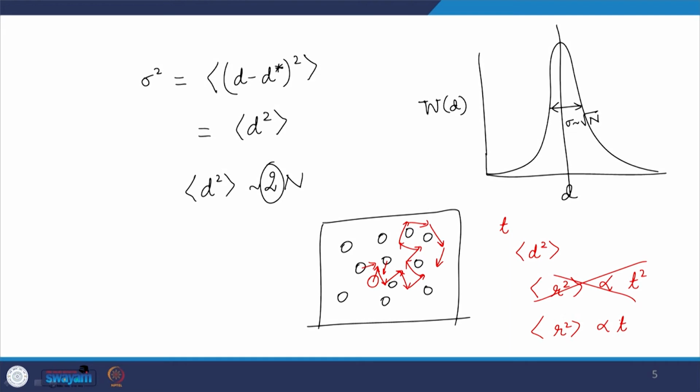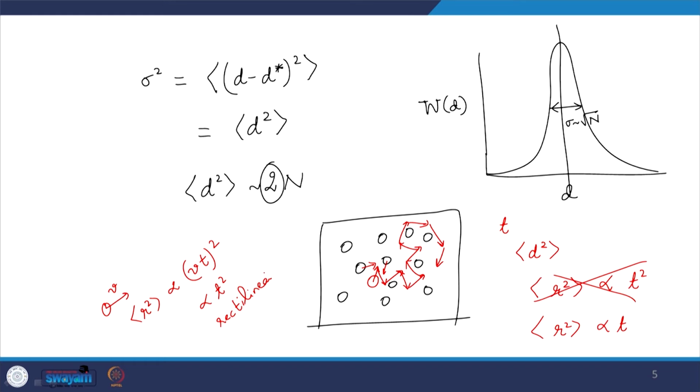Because let us say, for example, the same guy was moving and it does not undergo any collision, then it will move with certain velocity v. So, at any given time, the mean square displacement from the original position will go like (v t) square, and provided the velocity is constant, this should go like t square. That is the whole idea of rectilinear motion when it is moving at a constant velocity.